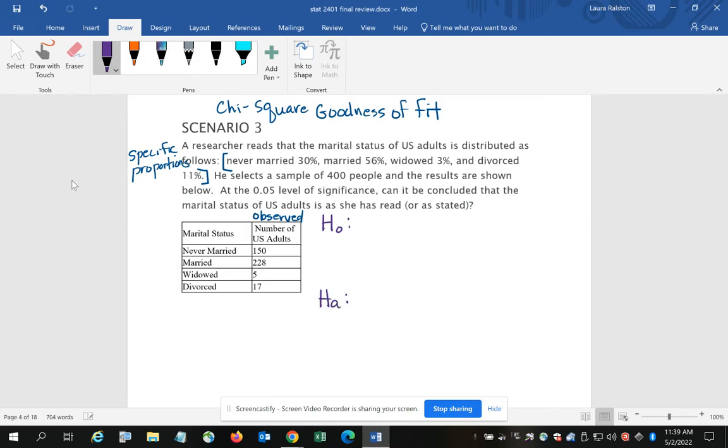We typically use words here, so we would say the data follow the stated distribution. And then we list that out.